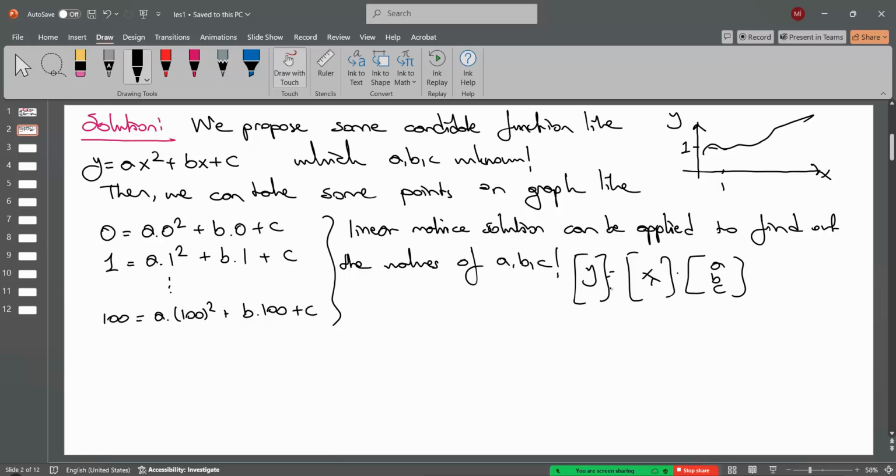Okay, and so if we take the inversion of this xr values and multiply with the y, it gives us the a, b, and c. But this is the exact solution, with specific points.